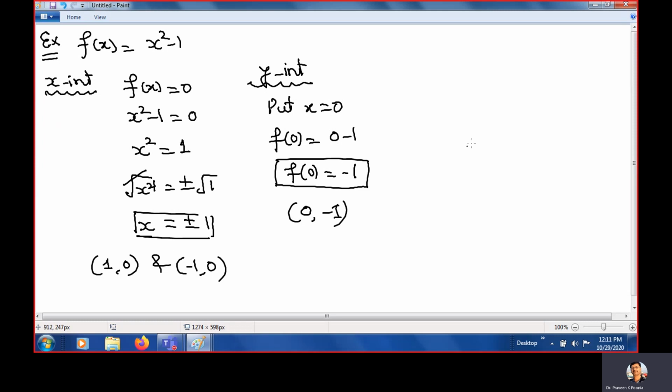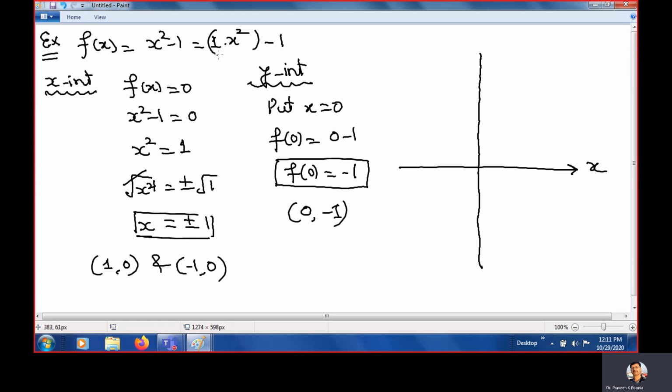Clear? So if I want to draw the graph of this quadratic function, we can write it as 1 into x square minus 1, and here the 1 is positive. So this will be an upward parabola. We need to think about three things.